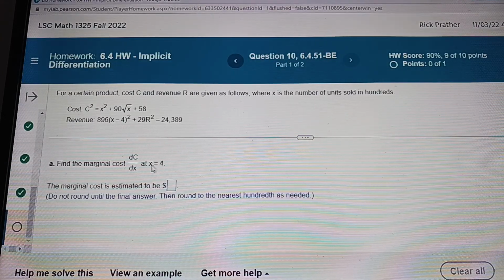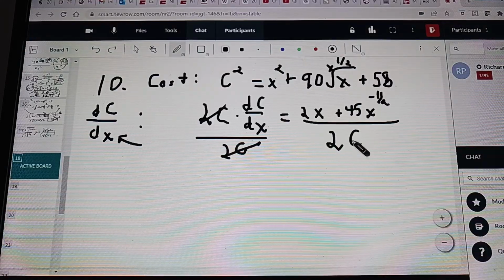But they want me to do it when x is 4. Okay, so I would have to plug 4 into the original equation to figure out what c equals, because I need to plug in for c as well. So they only gave me x equals 4. They didn't tell me what the c or the y value was. Remember that other problem where they just gave us x equals 1. They didn't tell us what y was. So if I plug in, 4 squared is 16.